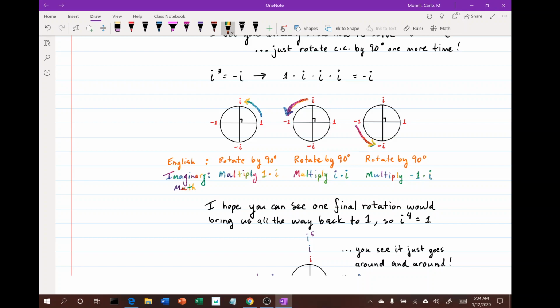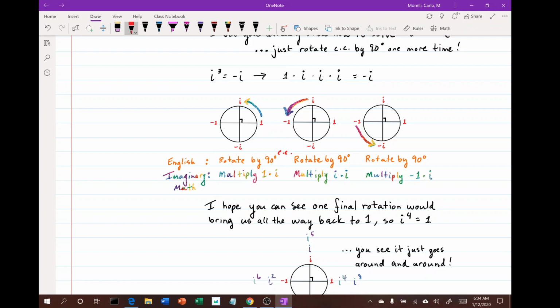Okay? Now look, I've written it out here in English in orange, and then imaginary math in this multicolored. Here's the orange. The first step, rotate by 90 degrees, and I should say here counterclockwise. Imaginary math, multiply 1 times i.